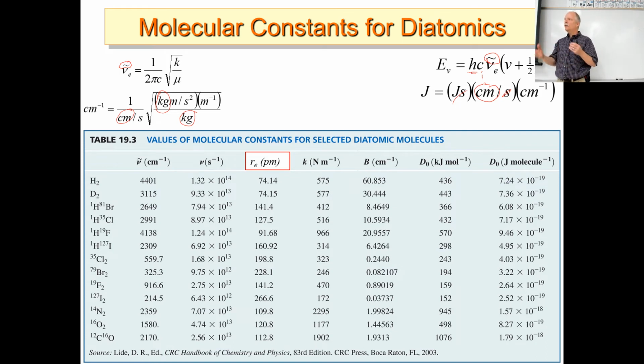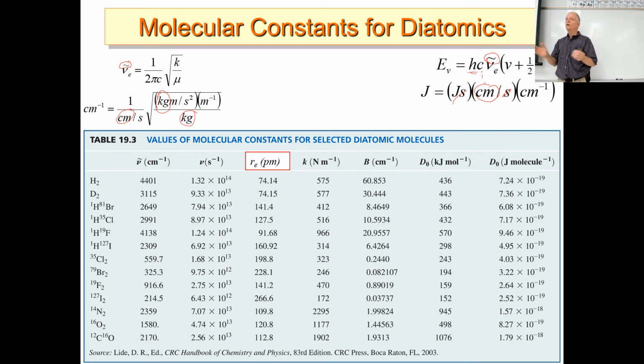And so I see a lot of people really work themselves all over the place, converting to joules and then converting back to wave numbers. If you're going to be in wave numbers and you're going to stay in wave numbers, then don't stick that hc in there. You have the option. All that hc is doing is just converting your units. So if you want to work in joules, great. Put Planck's constant in there and the speed of light.